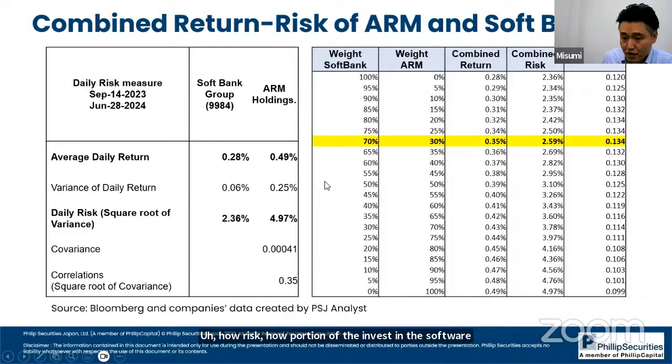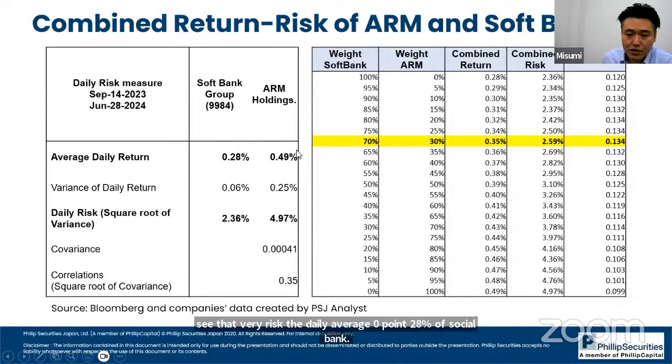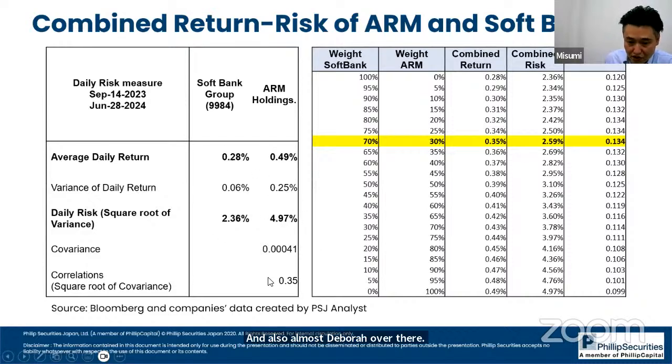This may be the answer: 70%, 30% is most efficient. We see that the daily average return of SoftBank is 0.28%, and ARM's is almost double this. Daily risk is also 2.36%, and ARM's risk is almost double SoftBank's, and correlation is 0.35.